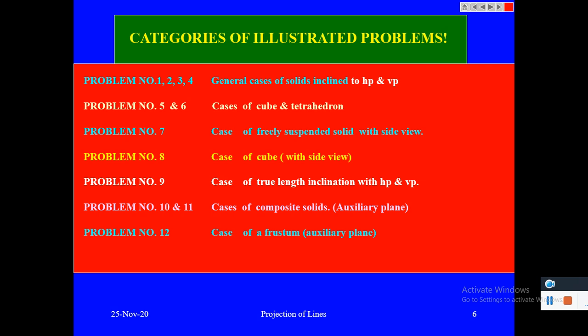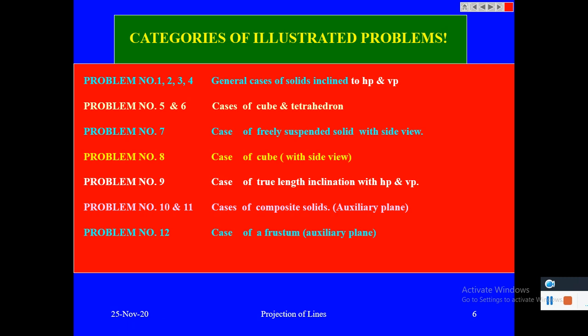Here we pass on to 12 problems. First four problems are general cases of solids inclined to HP and VP, and 5 and 6 are cases of cube and tetrahedron. Problem 7, case of freely suspended solid with side view.